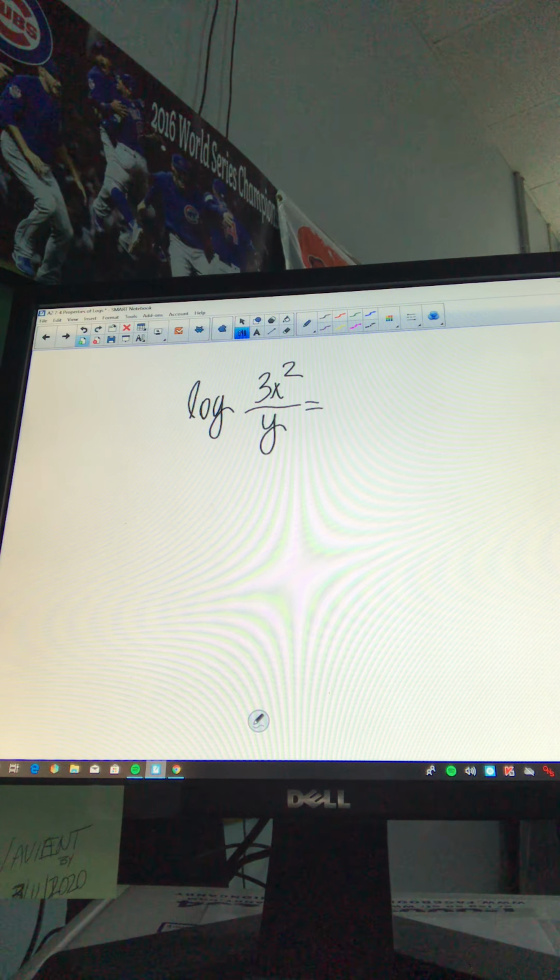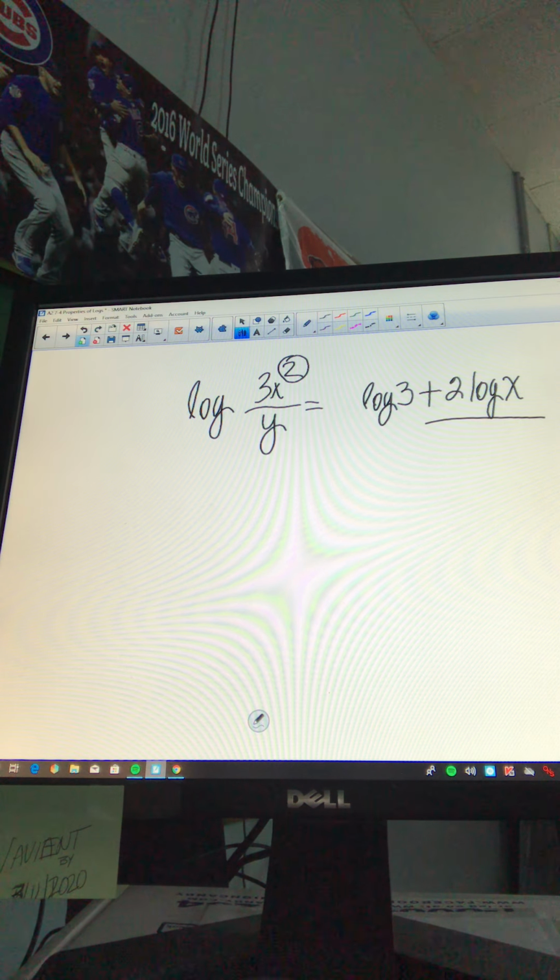That would expand to log of 3 plus 2, because of this exponent right here, log of x divided by, we can put it over the whole thing here, log of y. Okay? And that's going to be really helpful when we start talking about equations.